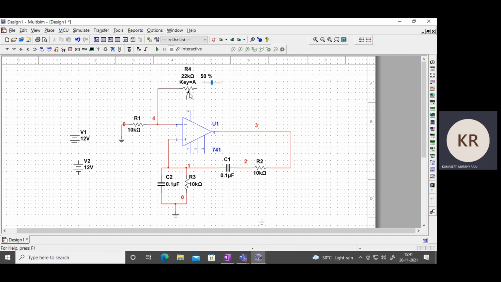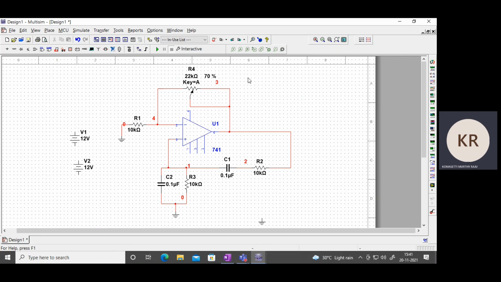Our aim is that the value is increased from the right direction only, because the value of that 22 kilo ohm resistance is spread across the left side and right side. If you want to increase that value, the movement is from left to right only, here 90%, okay, 100% like that.